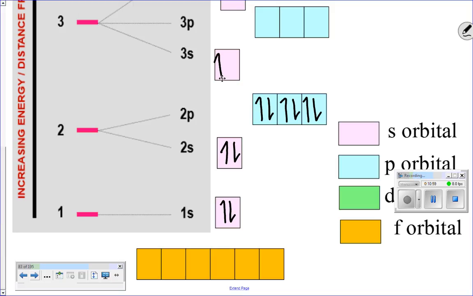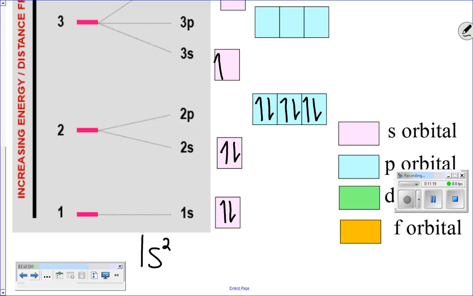Now, we want to turn this into an actual readable little configuration. Just to make this a little bit simpler, let me get this out of here so we have some room. When we communicate these, we don't want to always have to draw this whole huge diagram. So we're going to write this as 1s2.